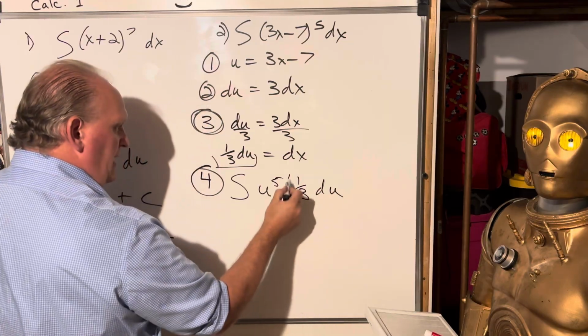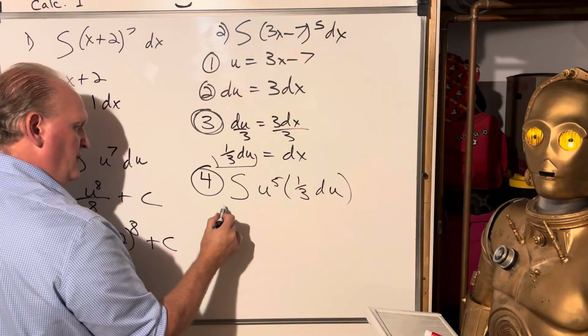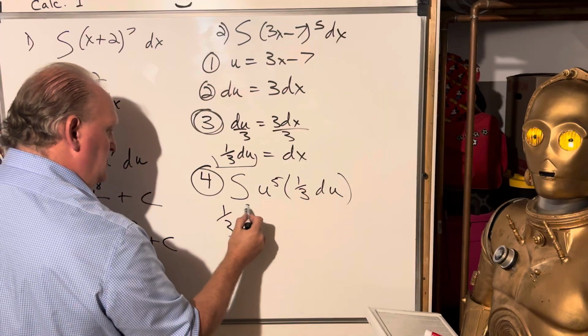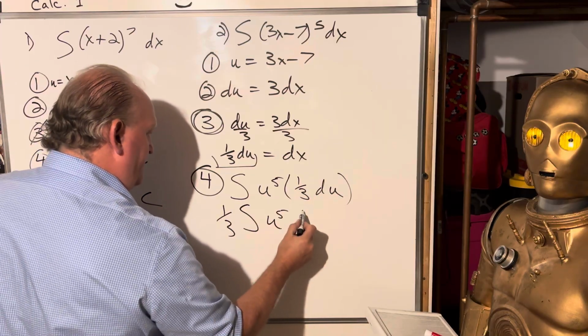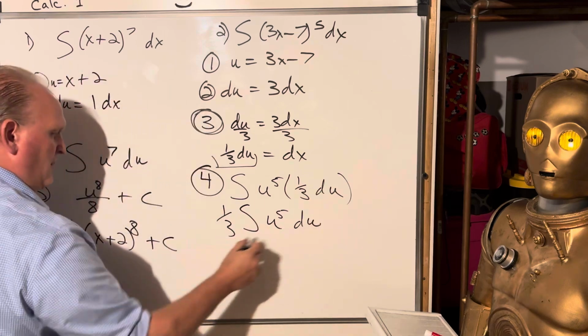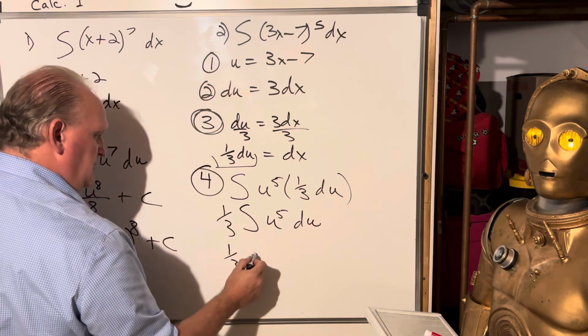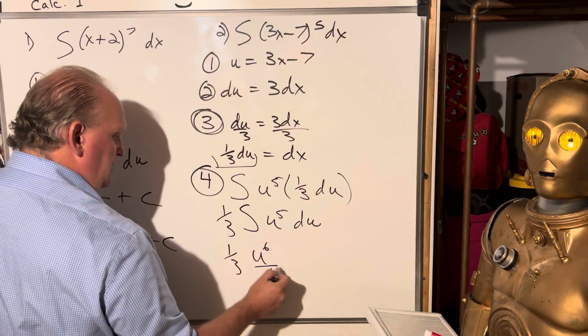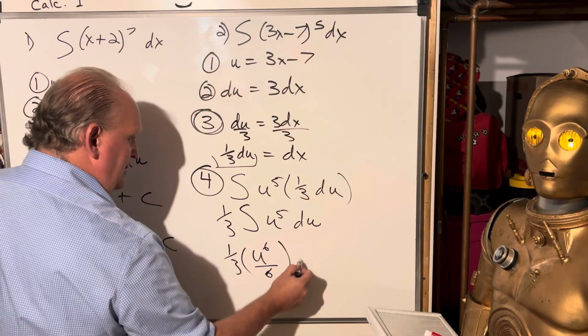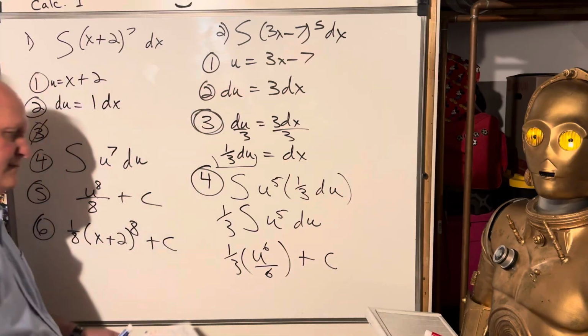I'm going to pull that 1/3 out as a constant in front, u to the 5th du. And now I'm going to integrate: u to the 6th over 6, times that 1/3, and then plus c.